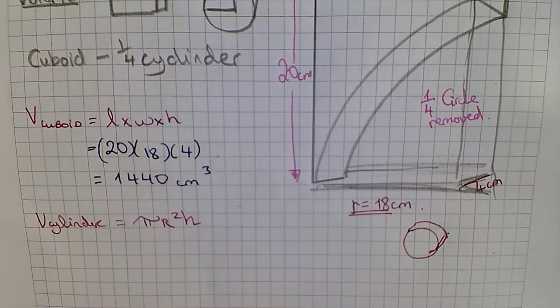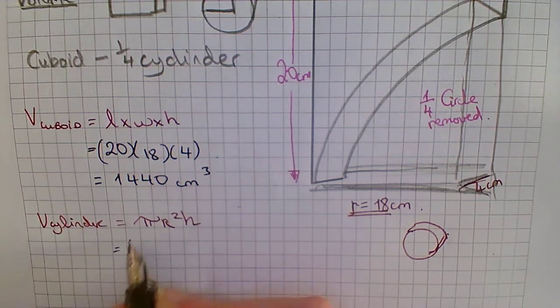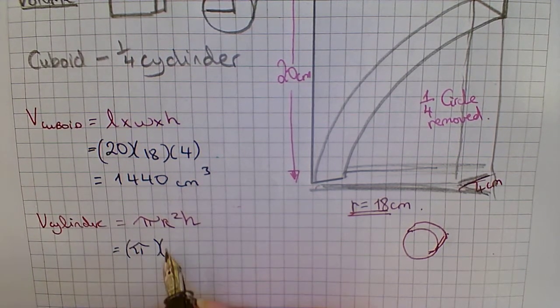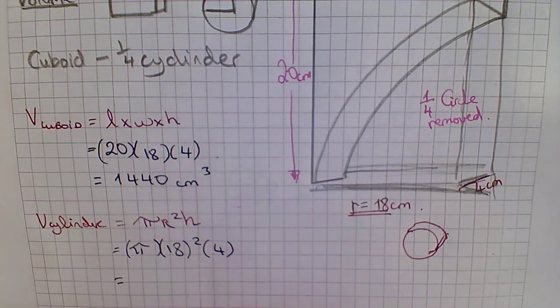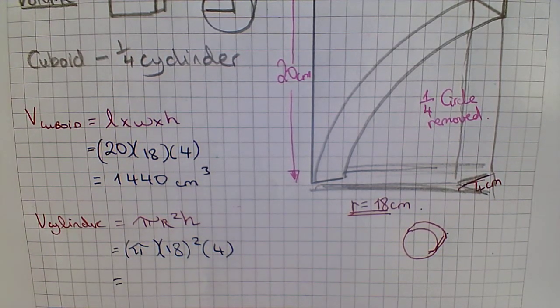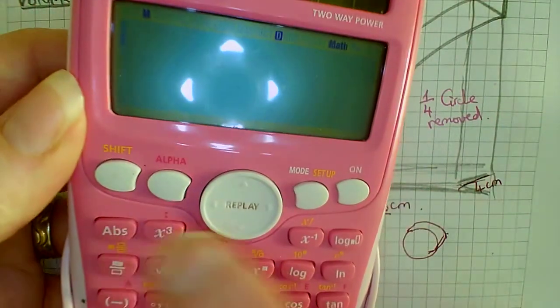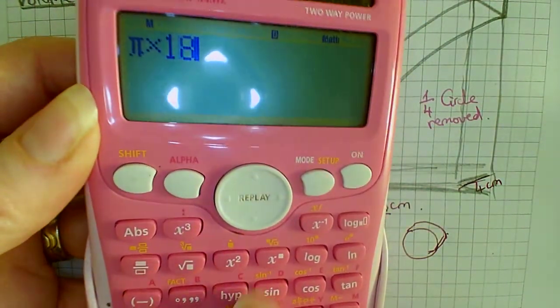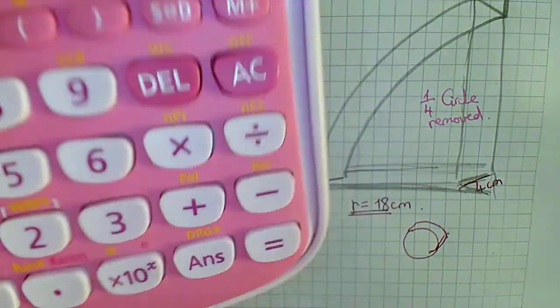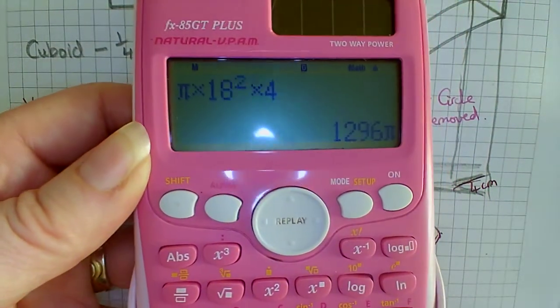So we can just use the pi button on our calculator. So this will be pi by 18 squared by 4. And then whatever answer we get there, we'll divide it by 4 to get our quarter cylinder. So pi button on my calculator multiplied by 18 squared multiplied by 4, the height.